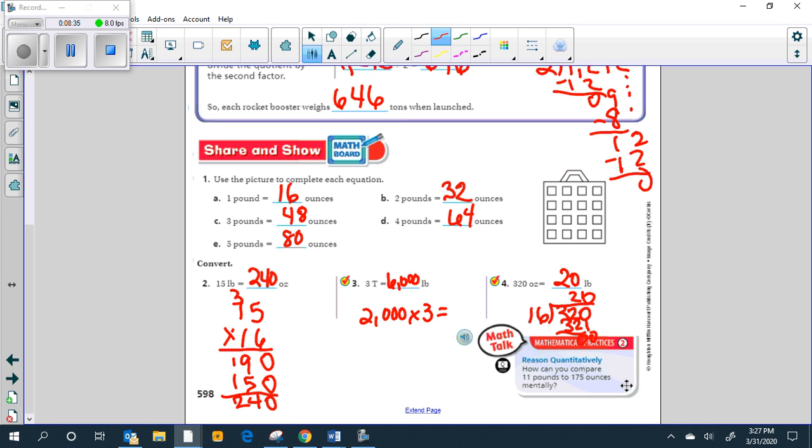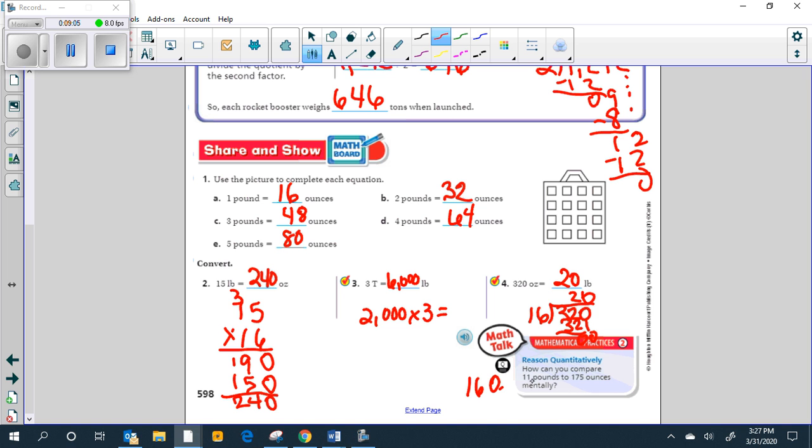How can you compare 11 pounds to 175 ounces mentally? Pause the video, think about that, then check back with me. If I'm thinking about converting 11 pounds using mental math, I know that in 10 pounds there would be 16 ounces in each one of those pounds, so that would be 160 ounces.